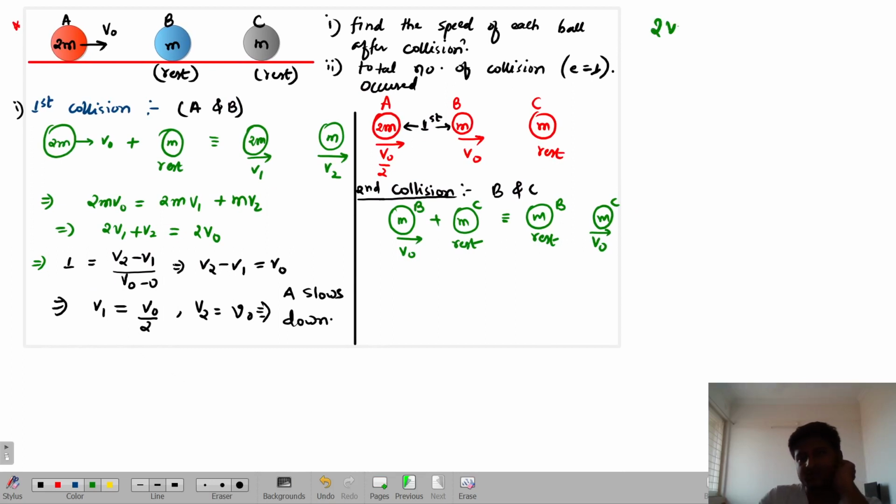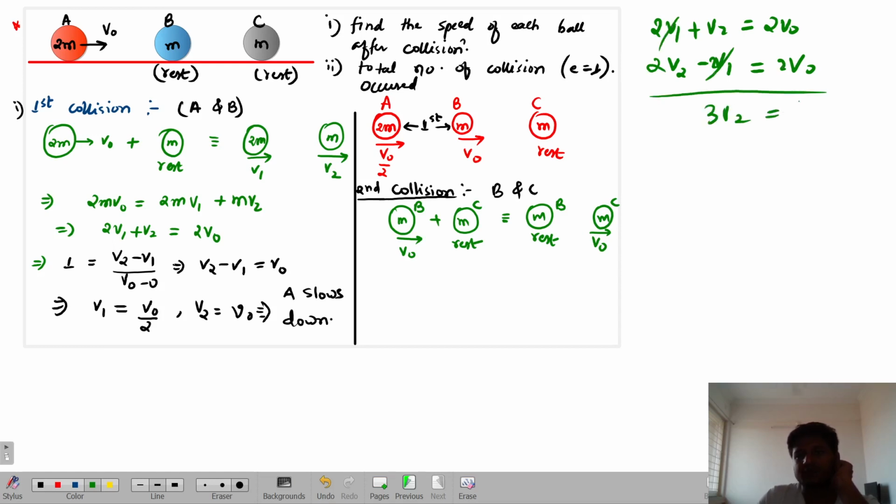Twice v1 plus v2 is equal to twice v naught, and v2 minus v1 is equal to v naught. So with 2, this and this got cancelled. Thrice v2 is equal to 4 v naught.